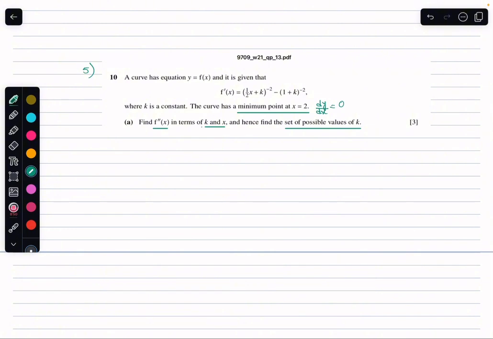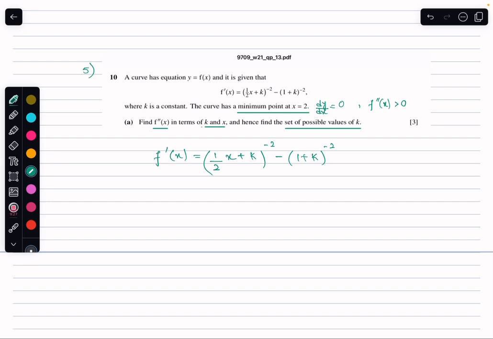With respect to the minimum point condition, we know that f''(x) should be greater than 0. That is why they are asking for the set of possible values of k. So let's start working on it. The first derivative is given as (1/2 x + k)^(-1/2) - 1 + k^(-2).